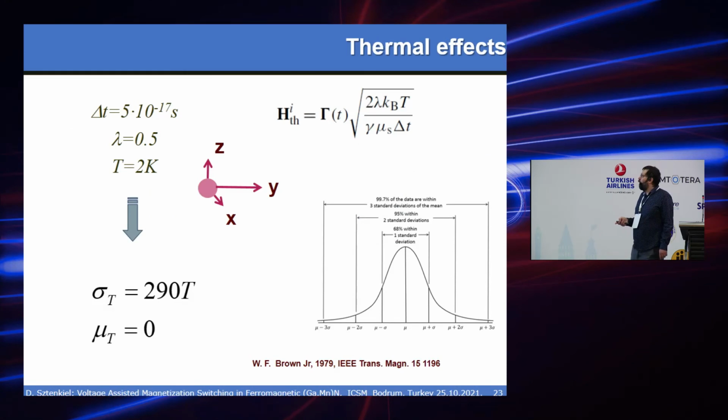And thermal effects are included in the standard way. So we generated Langevin dynamics. We generate a random magnetic field for each manganese spin at every step of the LLG iteration. This random Gaussian magnetic field has mean 0 and standard deviation given by this equation.